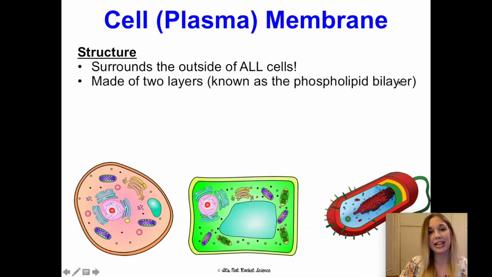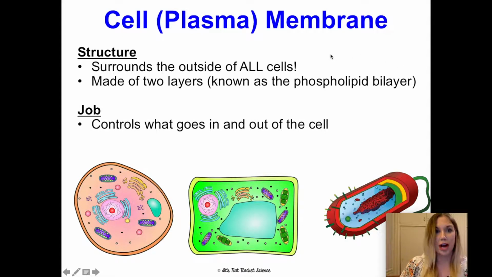Okay, and then it's a bilayer. So bicycle means two wheels. That means there are two layers of phospholipids, two layers of both polar and nonpolar molecules. And the job of the cell membrane is to control what goes in and out of the cell.